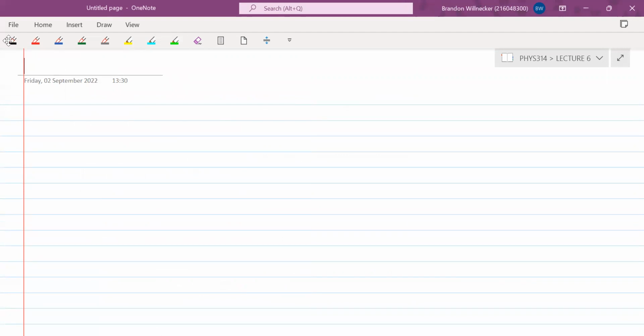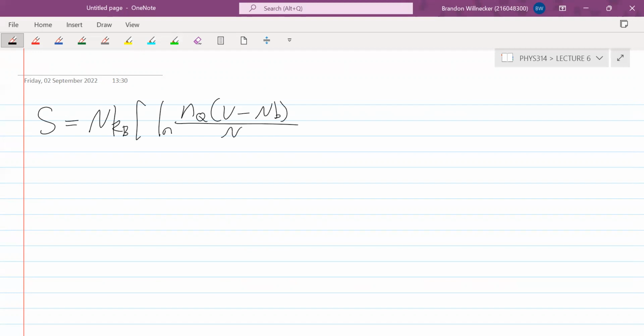Okay, so here we're given the entropy, and we want to calculate the pressure and the internal energy. So S is equal to NkB, and then we have brackets, natural log of nQ times (V minus Nb) all over N. That's all inside the natural log, and then plus 5/2.